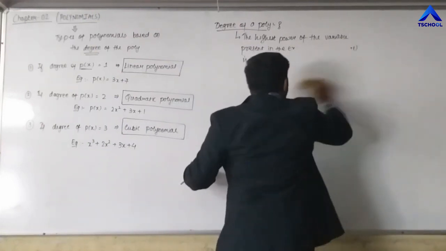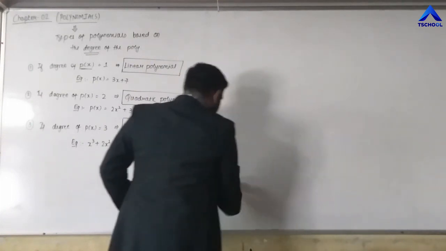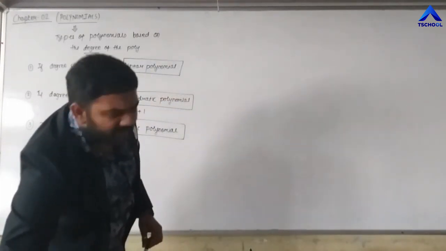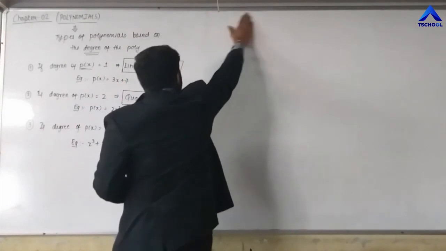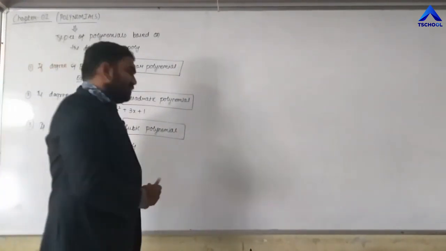Before finding out the zeros of the polynomial, quickly identify by yourself. I am writing down some examples here. So try to find out the degree of the polynomial by yourself.